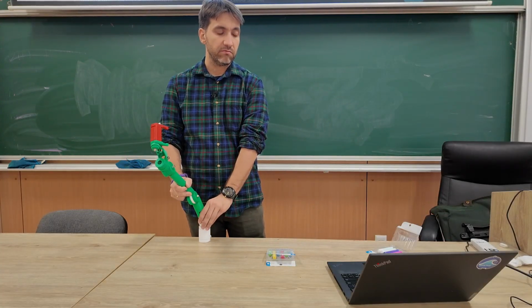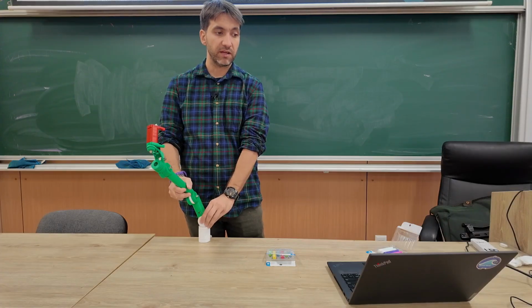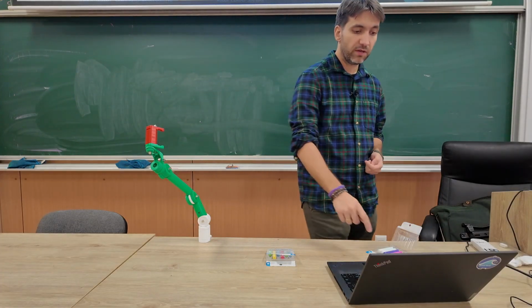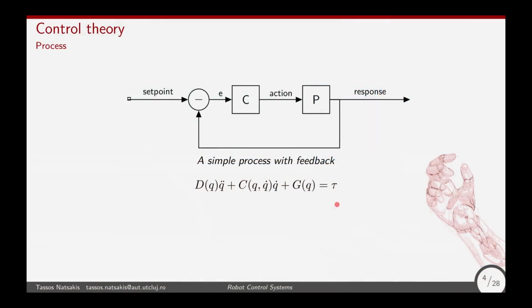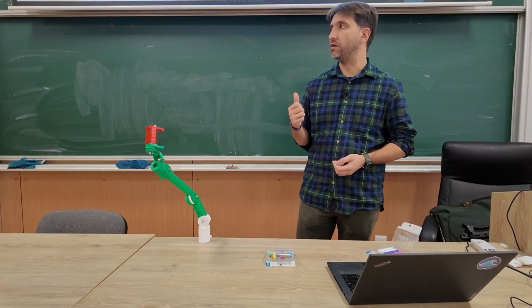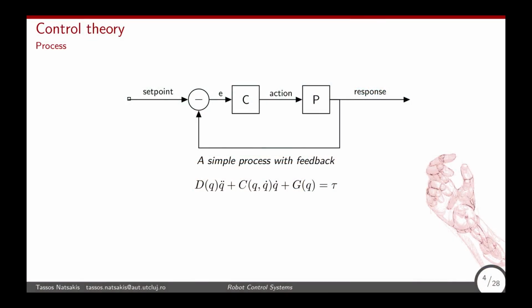It shows me, for a given acceleration, velocity, and position of the joints, what the input torque is. And this is what we call the inverse dynamics. We discussed this concept also in the lab.